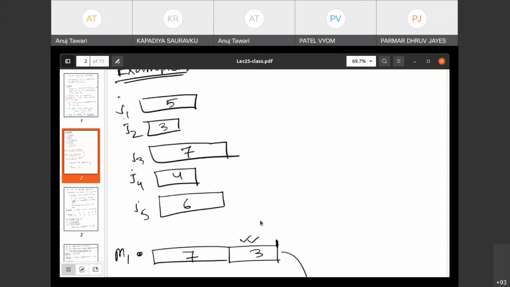That is why this problem is called a load balancing problem. We have only 3 machines, so somehow we want to balance the workload of each machine.